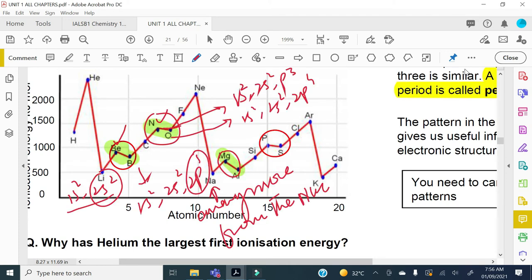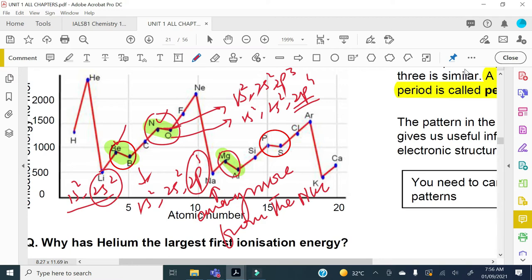So the argument here is between nitrogen and oxygen, that the fourth electron in oxygen is destabilizing the situation. Okay? In nitrogen, all the three electrons are happy. They're obeying the rules and regulations.